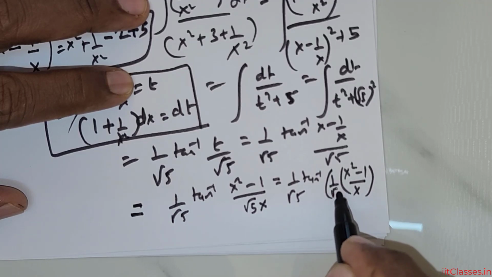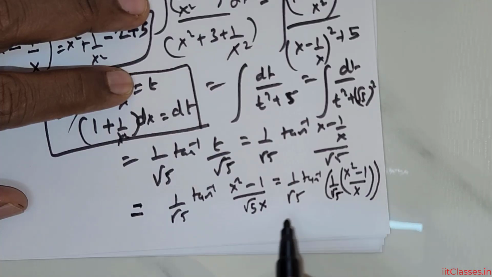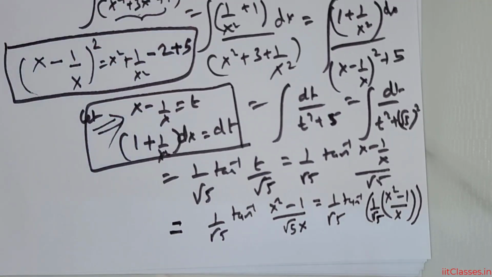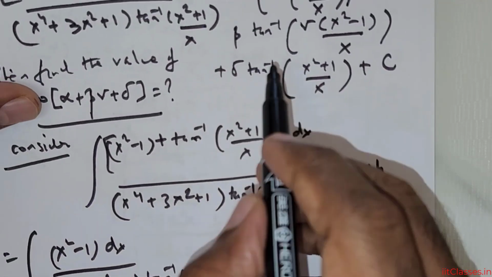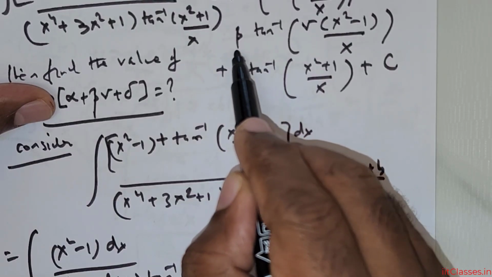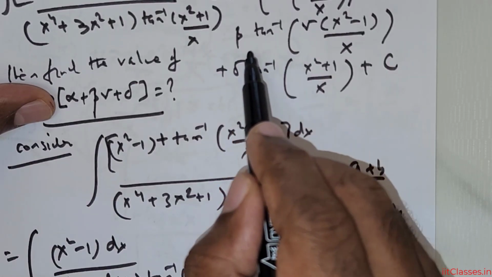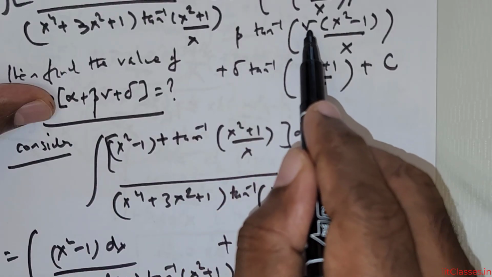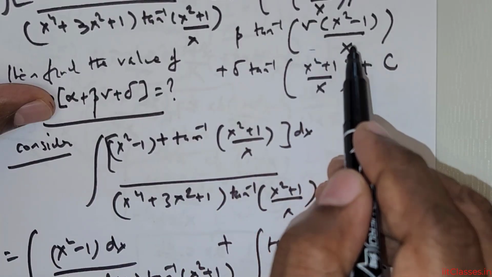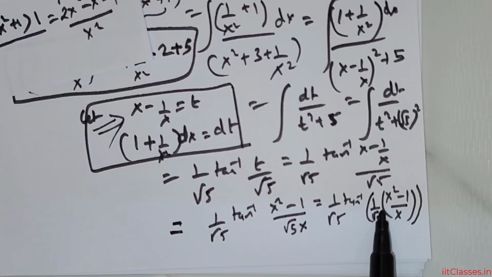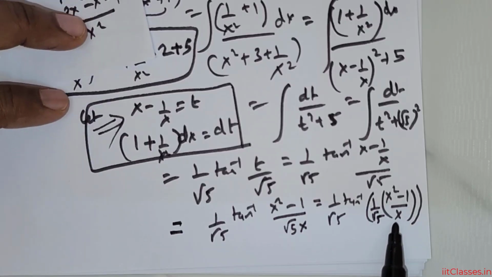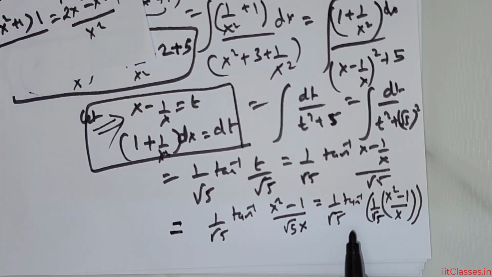Now you might be asking me, why am I writing it like this? What is the reason? You see here, do you see what I see? There, gamma times (x squared minus 1) over x, and you have 1 over root 5. What is 1 over root 5?